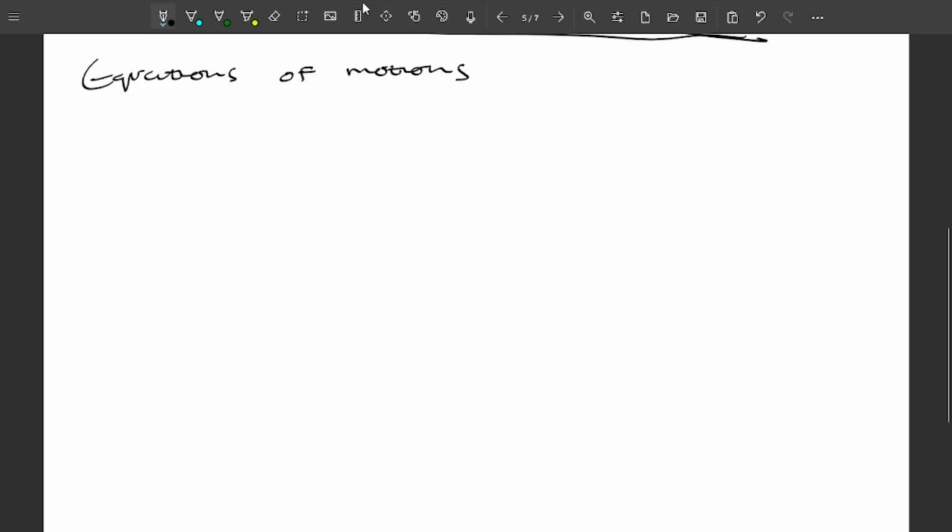These equations of motion are the equations that you can use to find the motion of an object, to find its initial velocity or its final velocity or its change in y. By change in y, for those who are just beginning, we are talking about the distance in the y axis. Right? I'll write them down.